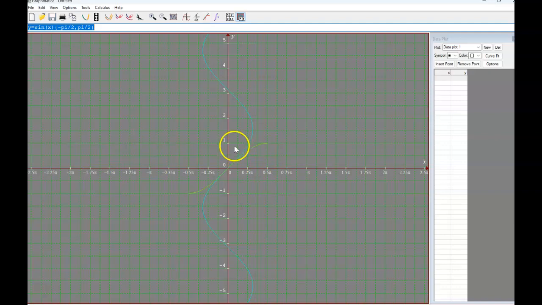If I look at it, when I looked at sine of x, if I draw a horizontal line, how many times is some horizontal line going to intersect that graph? Whole bunch of times, right? But if I take that green graph, how many times is a horizontal line going to intersect that?